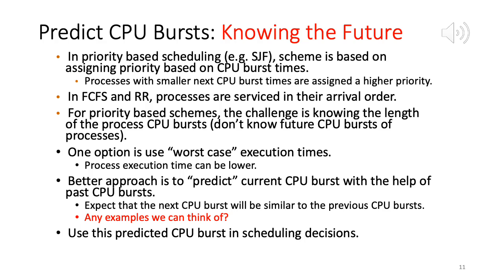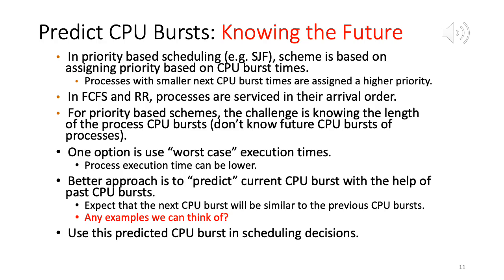In round robin, again, length does not matter much, because our goal is to periodically give the process the CPU for the length of the time quantum. If it's a long one, it takes more quanta, a short one takes fewer, doesn't really matter. But for priority based schemes, knowing the CPU burst is extremely important.